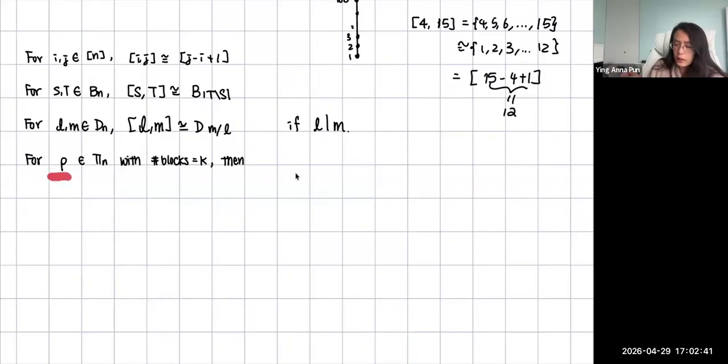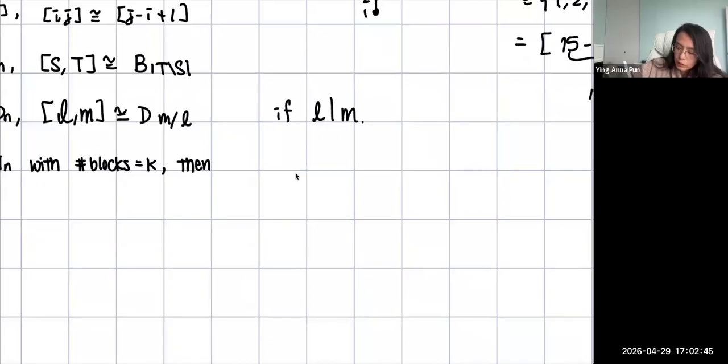Last example, if I have the set partitions of n, and I have some set partition, and I know that this guy has k number of blocks, then the interval from this to the top element, where you have exactly one block, is actually the same as pi k.